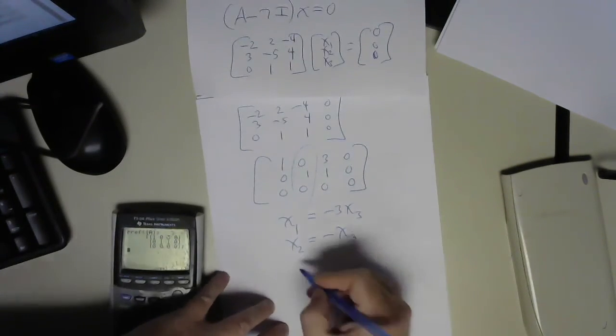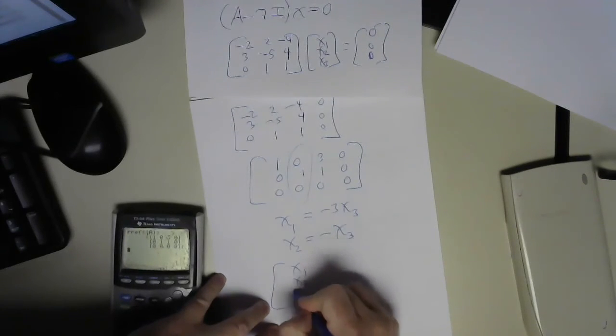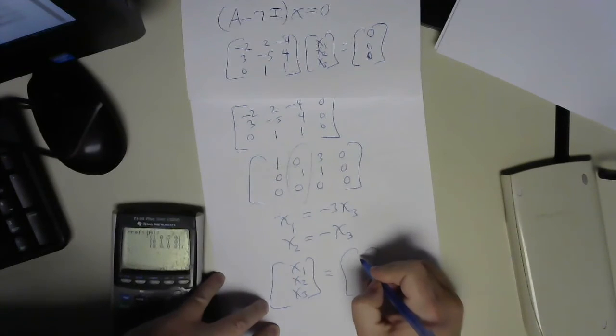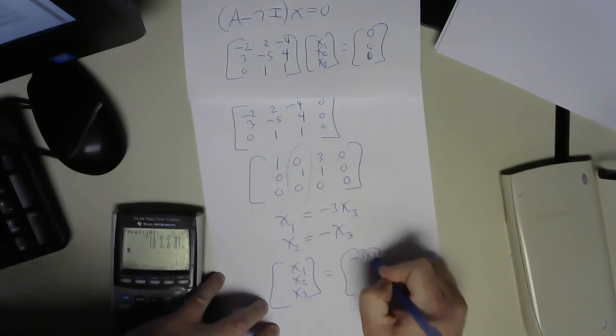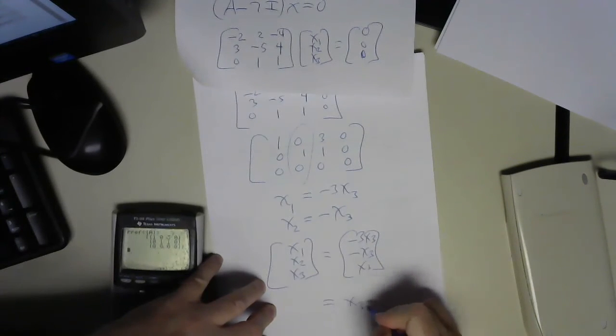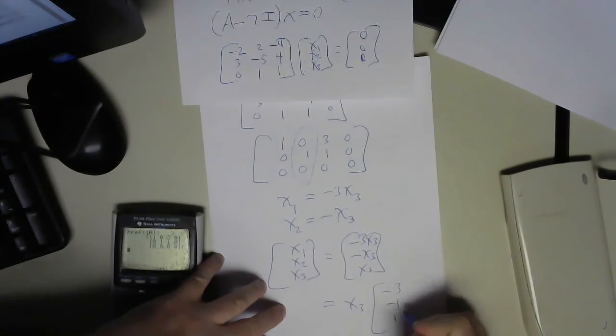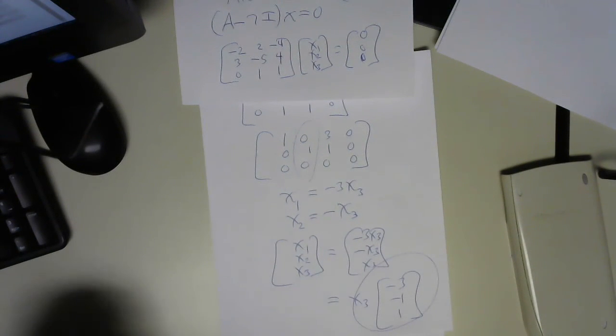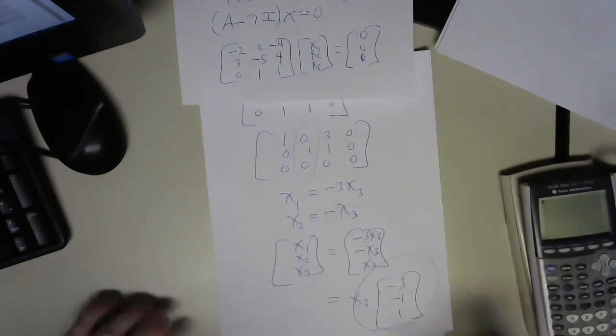So x3 is the free variable. So factor out the x3 as usual, negative 3, negative 1, 1. That's certainly one eigenvector. So it looks like it is an eigenvalue of this matrix.